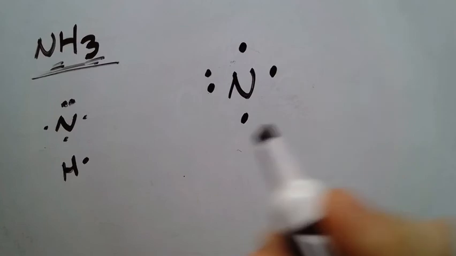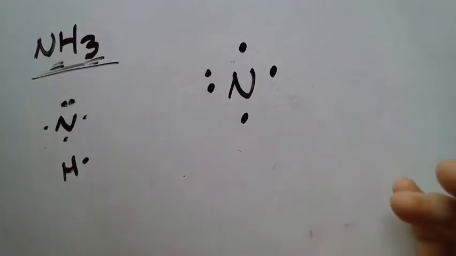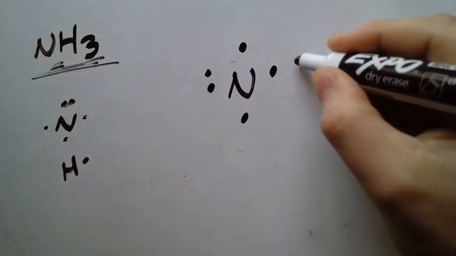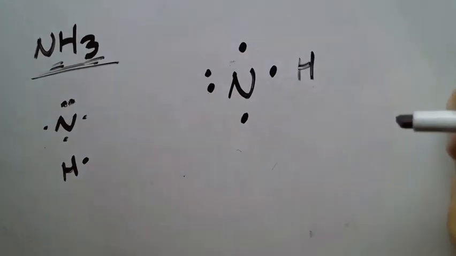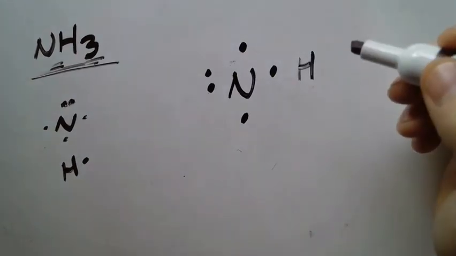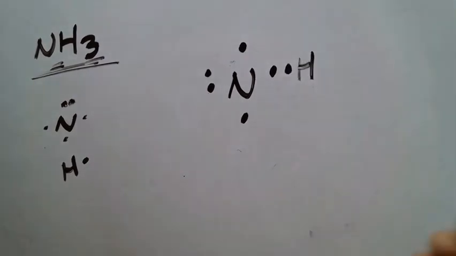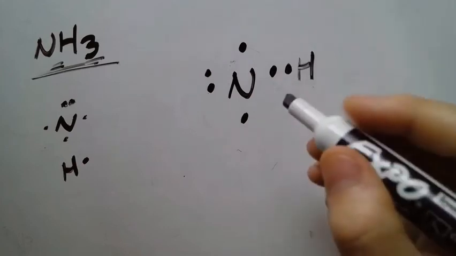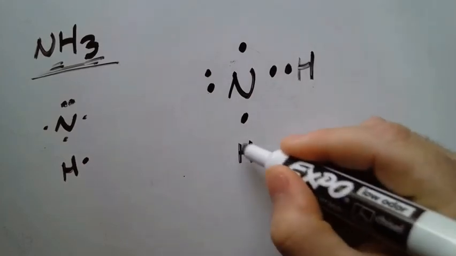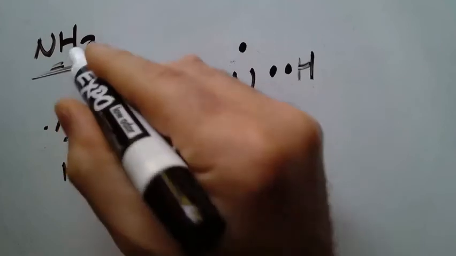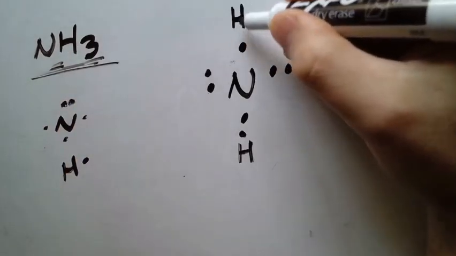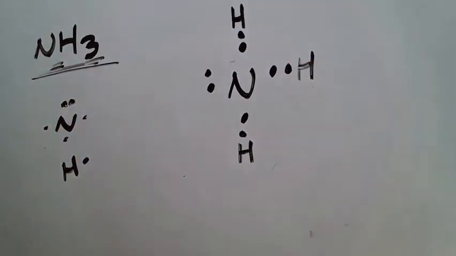So here I have 3 hydrogens. Well, I'm going to put one of the hydrogens right here. And I'm going to line up its one dot so that it lines up with the lone dot next to the nitrogen. I'm going to do the same thing again down here. And since there's 3 hydrogens, I'm going to put one more up here.